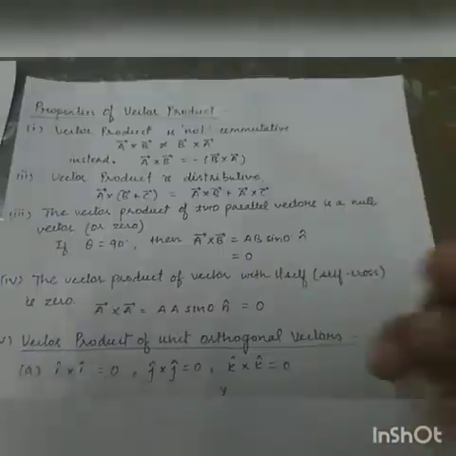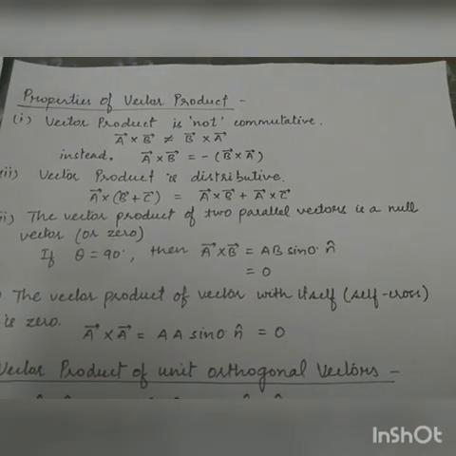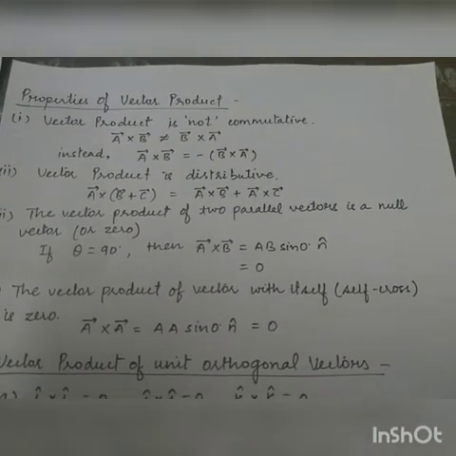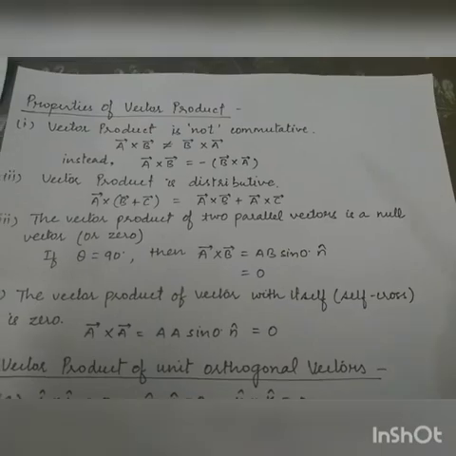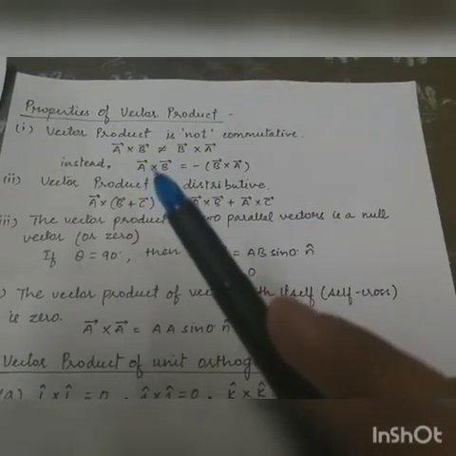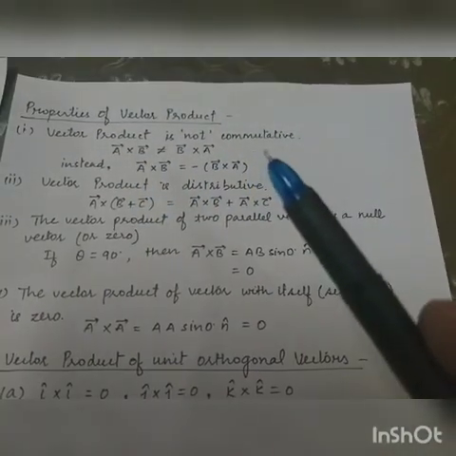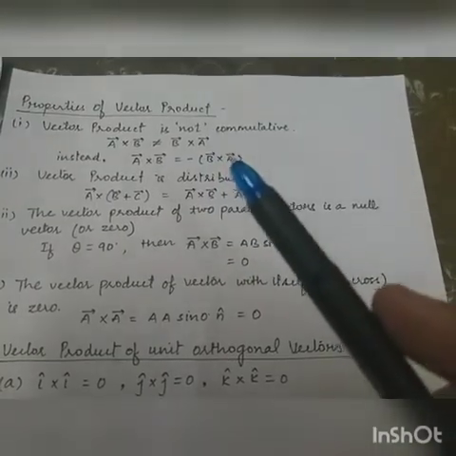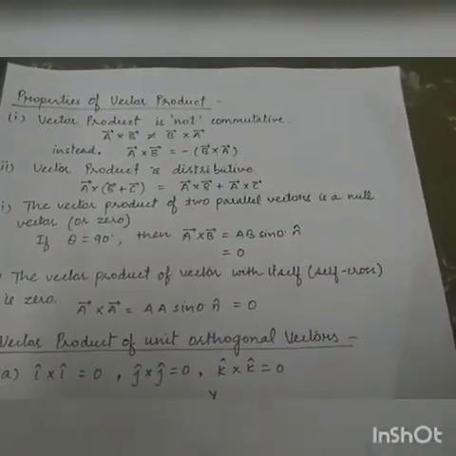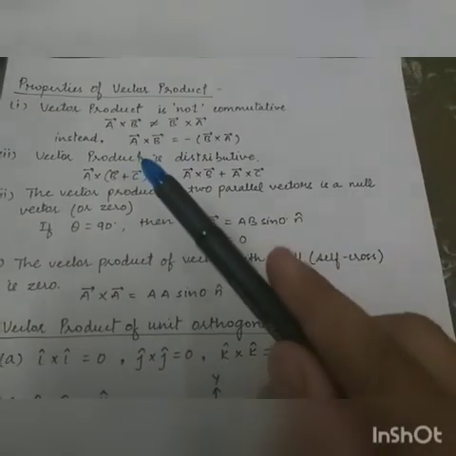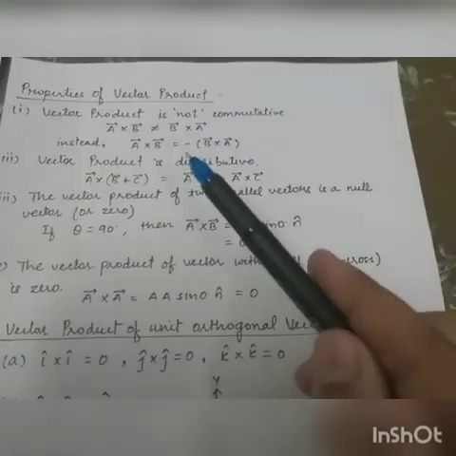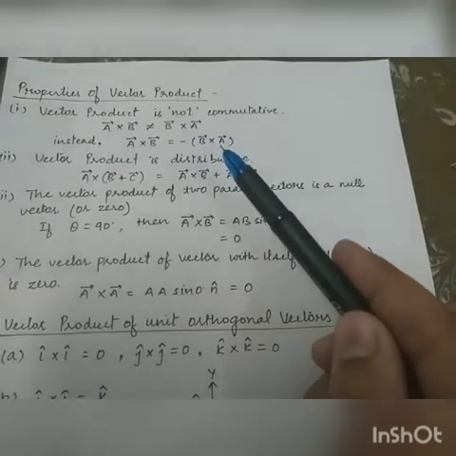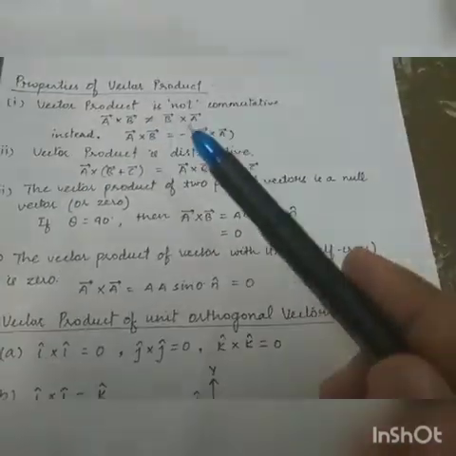As I have told you, two vector quantities can only be equal if they have same magnitude and same direction. Although A vector cross B vector and B vector cross A vector have same magnitudes, they are exactly opposite in directions, as I have told you while determining the direction. Instead, we can say A vector cross B vector is equal to minus times B vector cross A vector, means they are exactly opposite vectors.